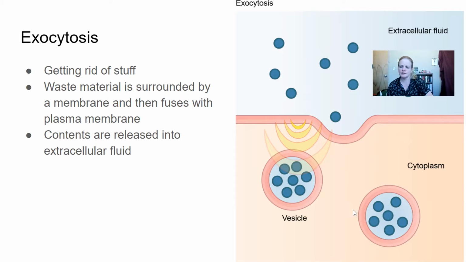The waste products become entrapped in a vesicle with a plasma membrane. That vesicle will move toward the exterior of the cell, fuse with the cell's plasma membrane, and then dump the trash out into the extracellular fluid.